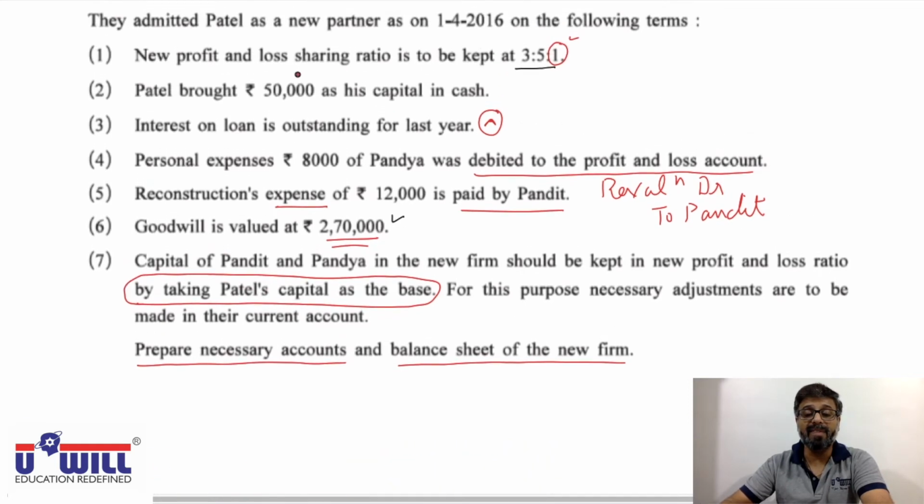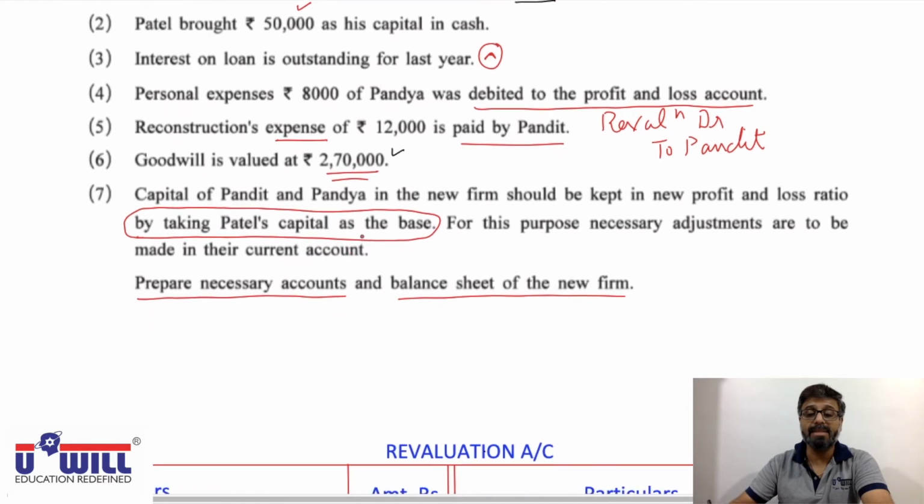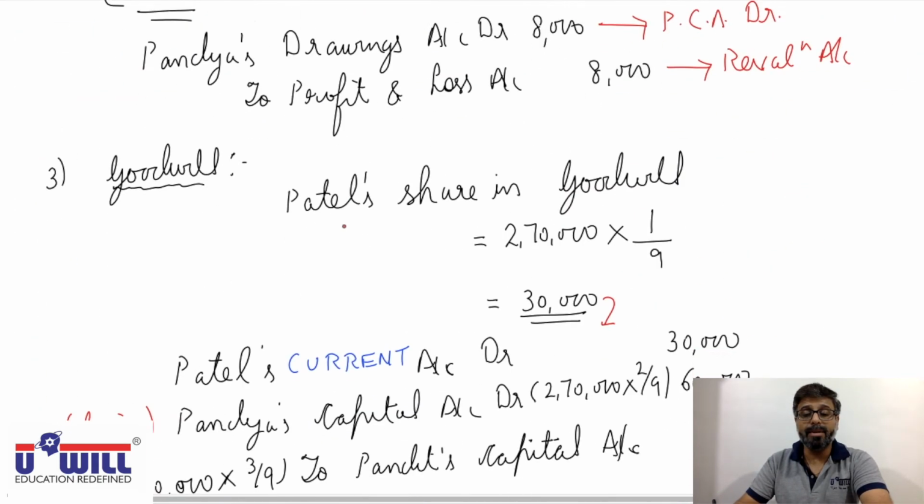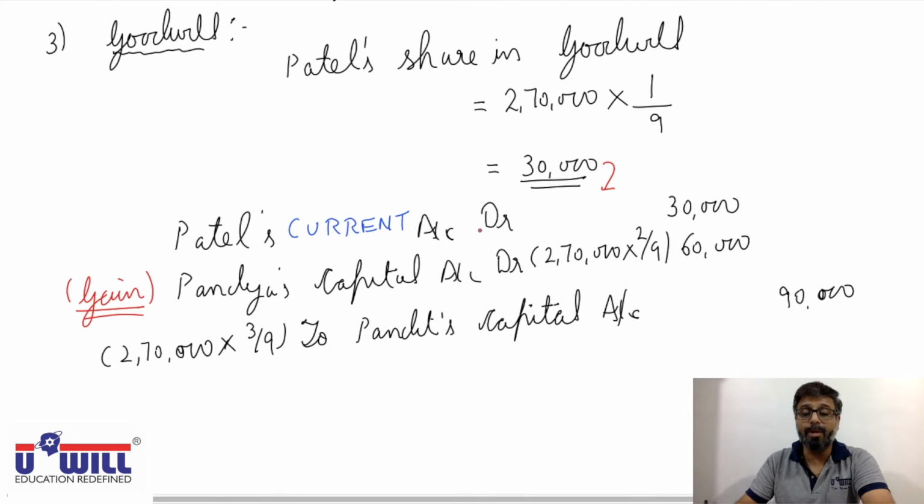His capital 50,000 is to be taken as the base, and we have to adjust the capital of old partners Pandit and Pandya accordingly. Now if you debit Patel's capital account here, then Patel's capital 50,000 will get reduced by 30,000. So the base will change.